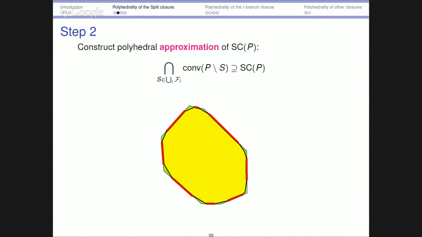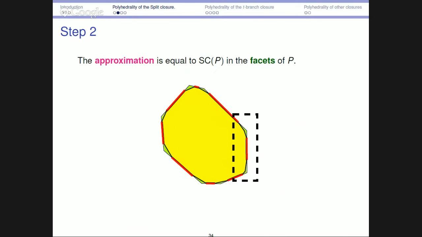This yellow set is this approximation. It is equal to the split closure of P on the facets, because these split sets come from the induction hypothesis on the facets, but it may not be equal to the split closure, because this is a finite intersection and that is an infinite intersection. So you may need to cut some points in the interior of the set.